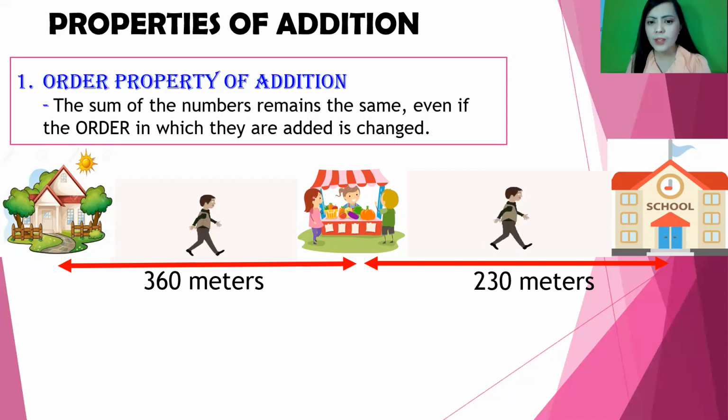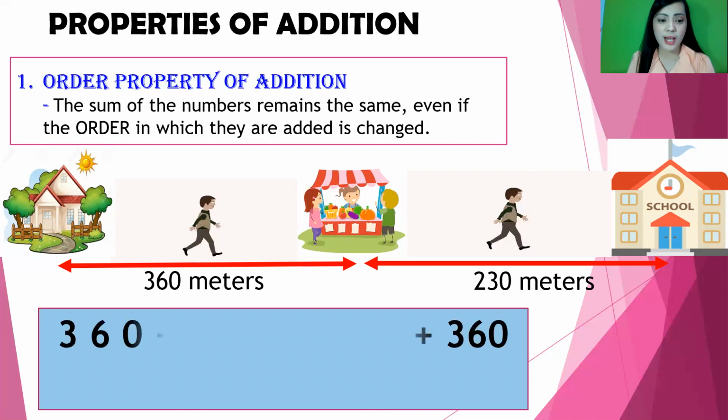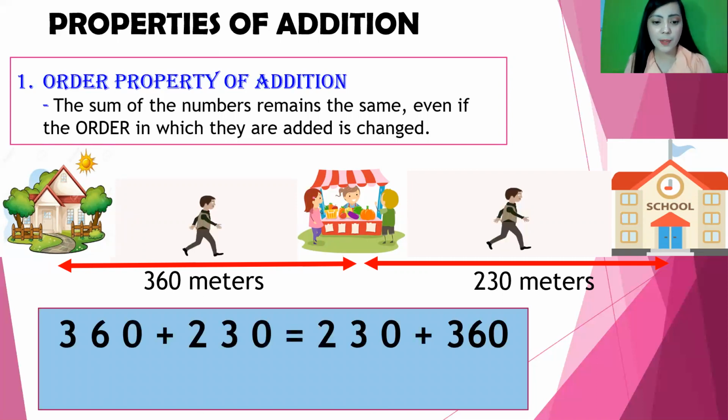Right. Now, if he goes back home from school to the market, he will walk 230 meters, and from the market to the house, he will walk 360 meters. So it will not change. Okay, so 360 plus 230 equal to 230 plus 360.